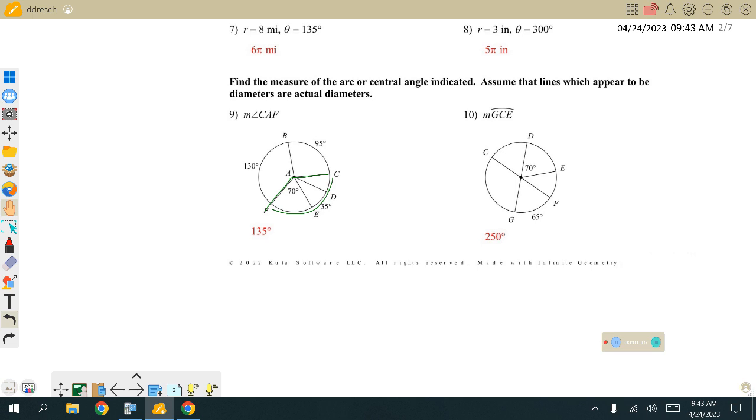So on my calculator, I'm taking 360 minus 95 minus 130 minus 70 minus 35, and what I just found was this to be 30, and now I have 70 plus 35 plus 30, and that gets me that 135. Okay? That's an oldie, but it's still going to keep coming out.